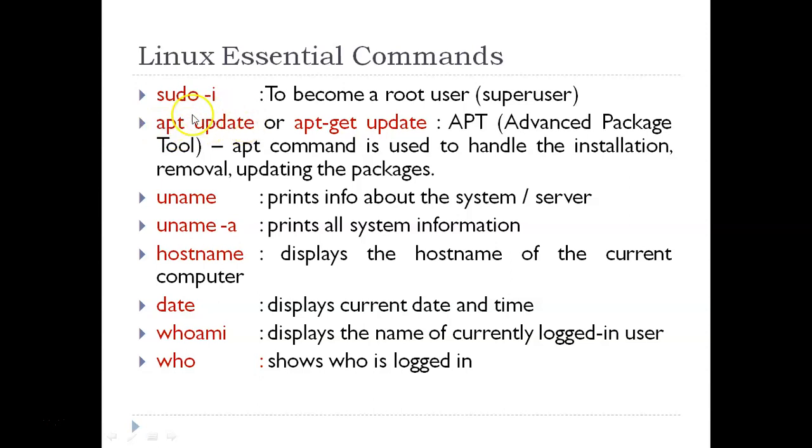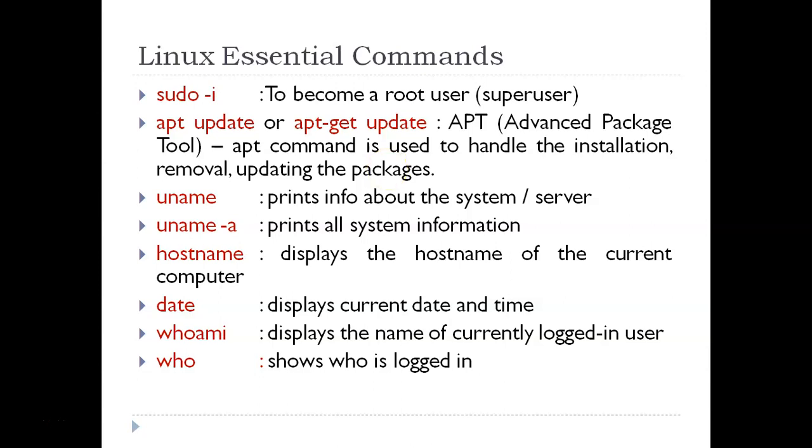Apt is again one of the keywords used in the Ubuntu operating system. Apt is one of the commands that we'll be using to handle any sort of installation, removal, or updating of packages. Suppose you would like to install any package on this particular Linux machine. One of the commands that you will be using is apt.